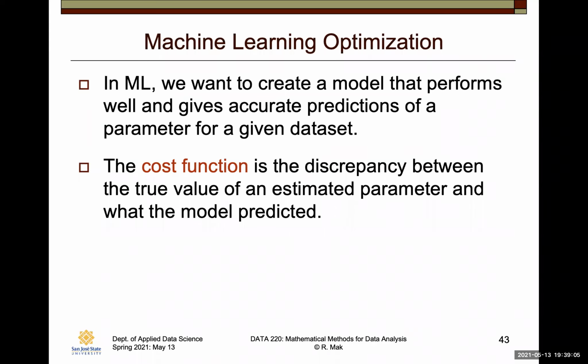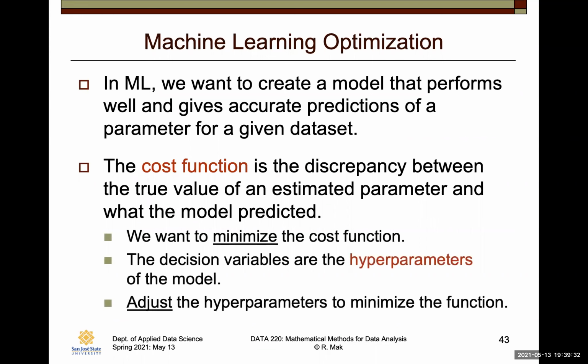Now the test set was made up of x values and y values, but we used the model given the x values to predict the y values. Okay, so the cost function then is the difference between the actual y values and the predicted y values. Okay, so that's what's known as a cost function.